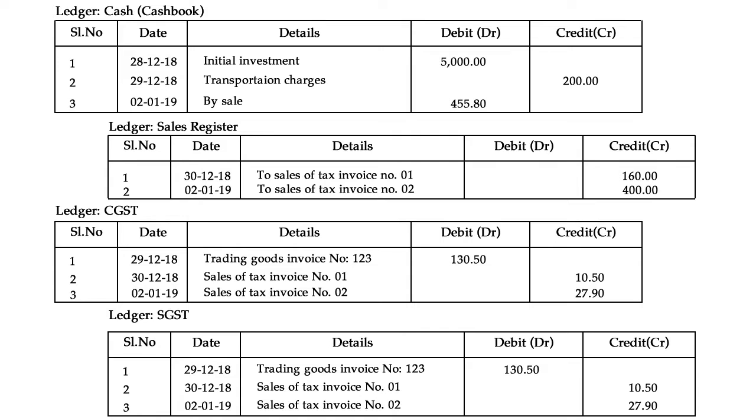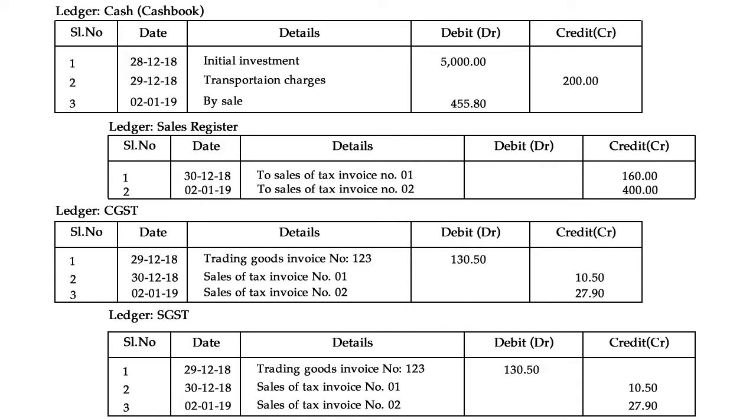It is the actual cost of the product before adding taxes, that is 400 rupees. So the sales register is credited by 400 rupees. And in the same way, the CGST ledger is credited by 27 rupees 90 paisa, and SGST is also credited by 27 rupees 90 paisa.